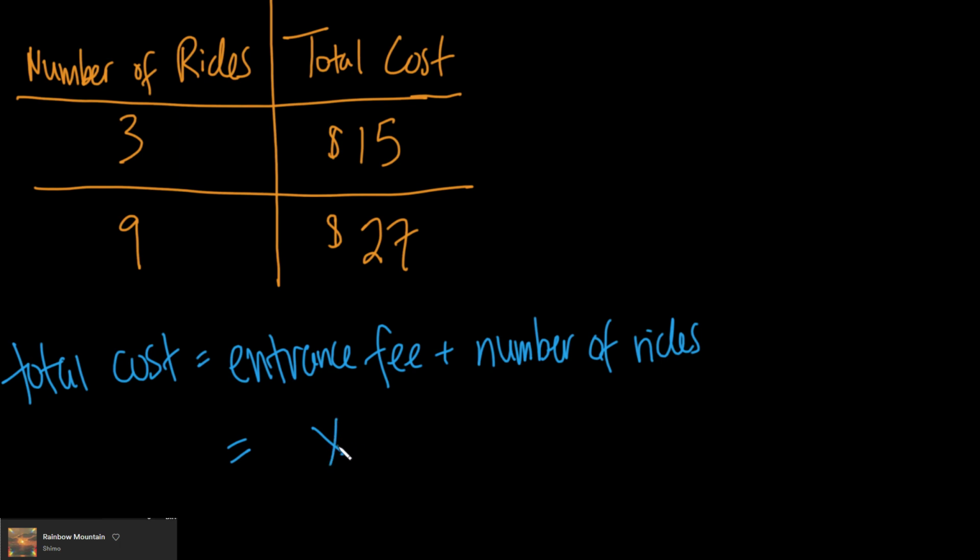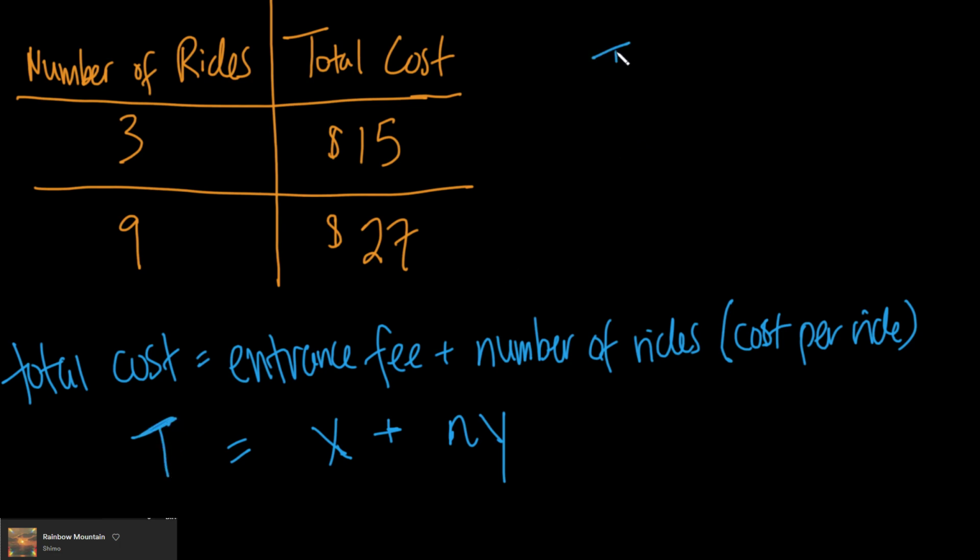We don't know what the entrance fee is, plus our number of rides, and that's going to have another cost. So it's number of rides times cost per ride. Let's say the number of rides is n, times cost per ride, y. So this is total cost, capital T. So we have this algebraic expression: T equals x plus ny.